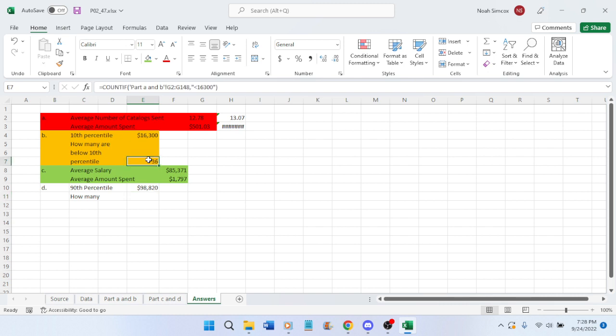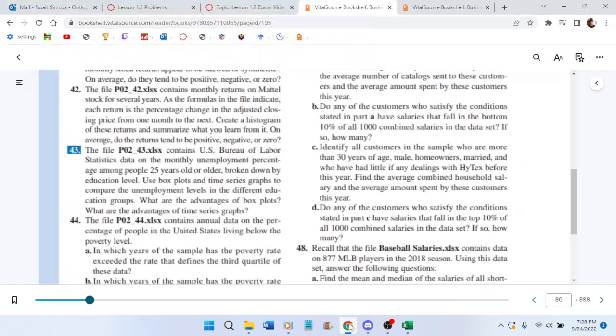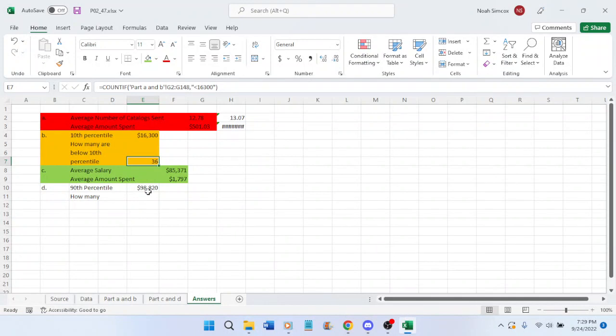Count if. No, count if it's above. Is it more than or equal to? 90% of the values are below this value.